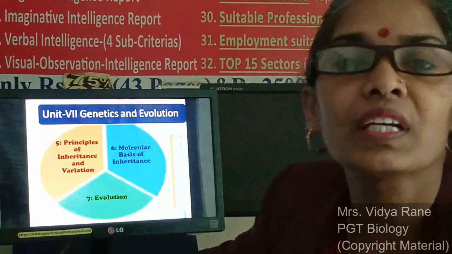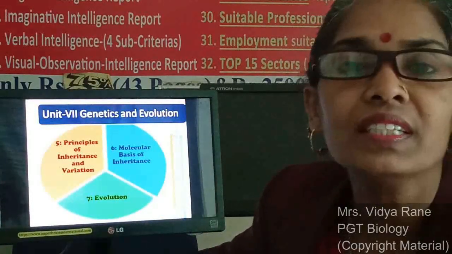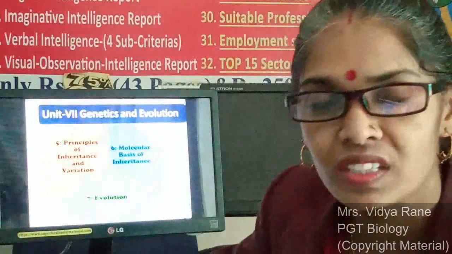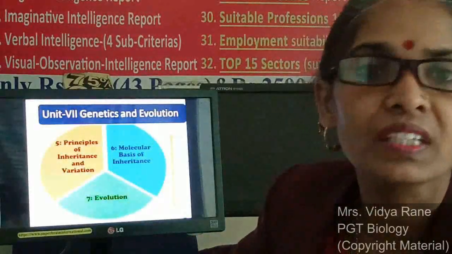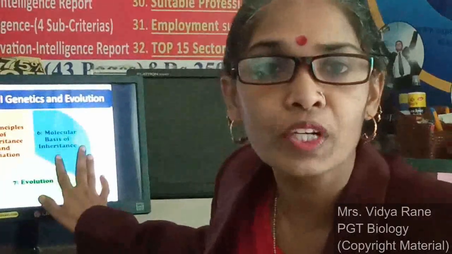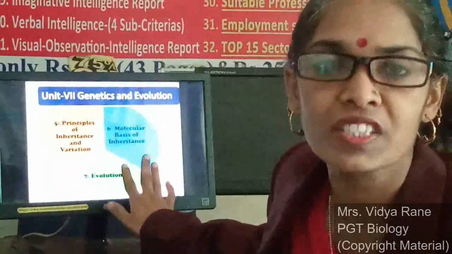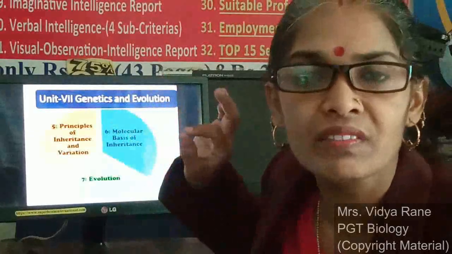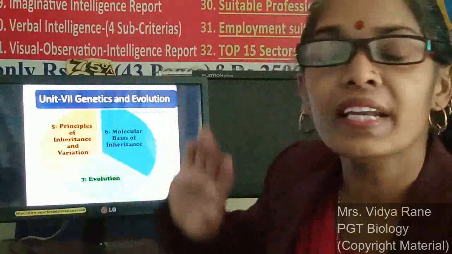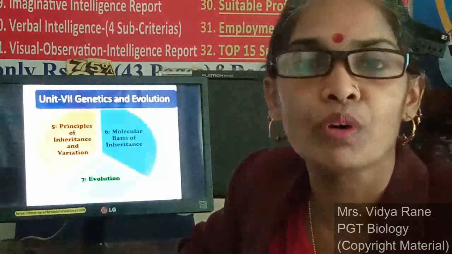Next is molecular basis of inheritance. This chapter is related to DNA and RNA structure, gene expression, the human genome project and DNA fingerprinting. So you will learn more new points in this chapter, and this is again a very important chapter from the point of view of the exam. The next chapter from this unit is evolution.